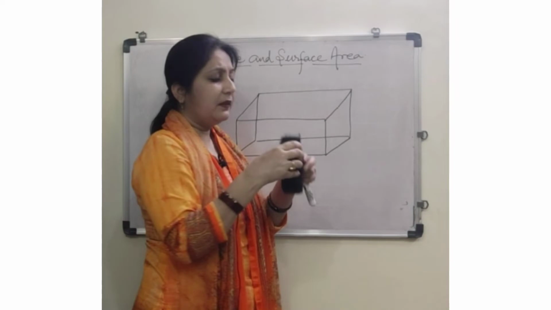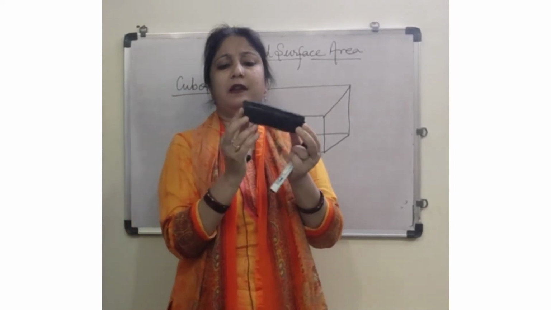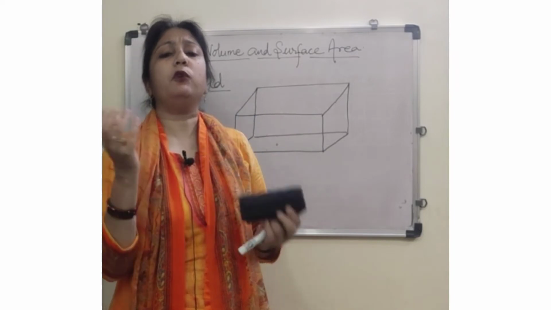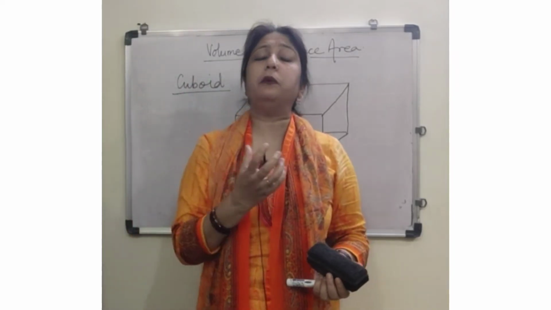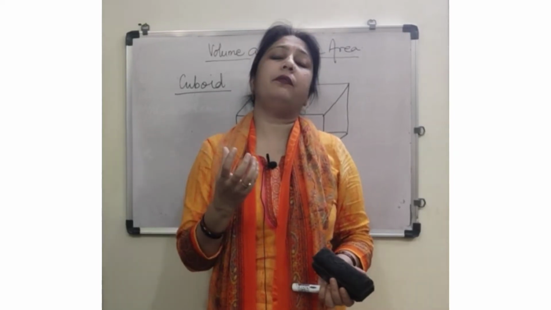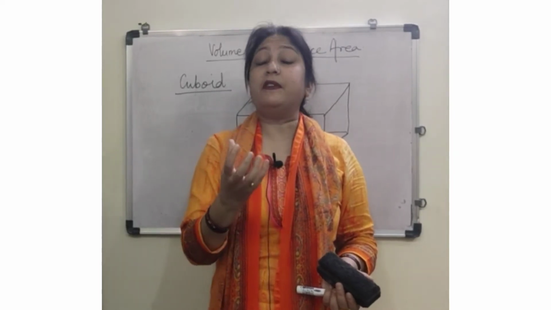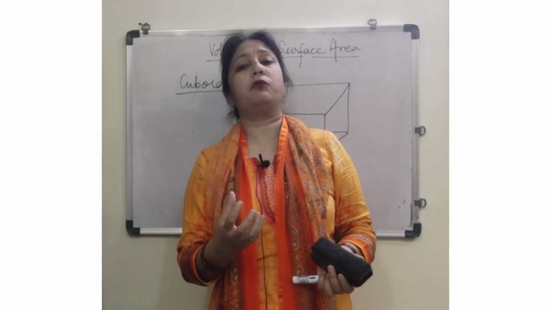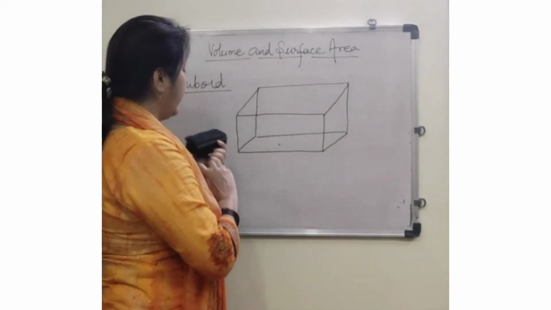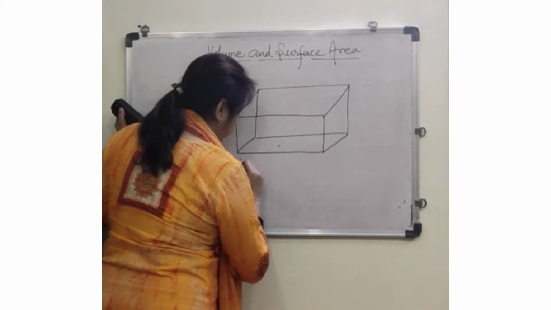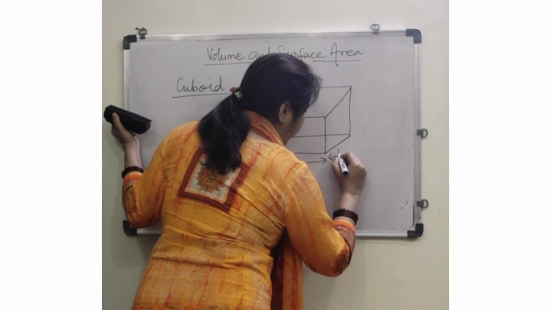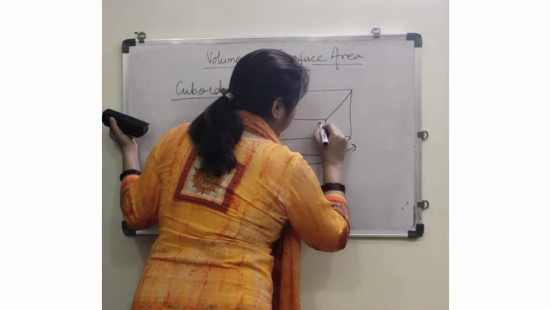Whereas in cuboid, the number of faces is the same. Just see the example of duster. It is a little curved over here, but if you see general dusters that we use in a school, that is the best live example which we can show to our students that here is a cuboid. This is length, this is breadth and this is height.